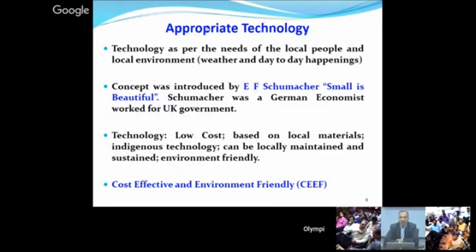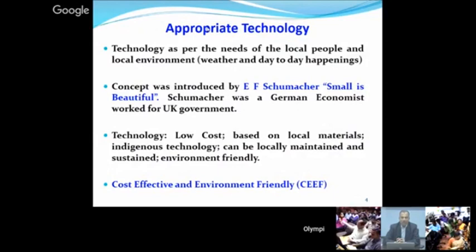It was a wonderful book in which the development process of Europe, Asia and other countries is narrated, and some comparison is done. Later on he introduced this concept that people in developing countries like India should go for appropriate technology. This technology was followed by many countries in America, Asia, and Latin America later on.